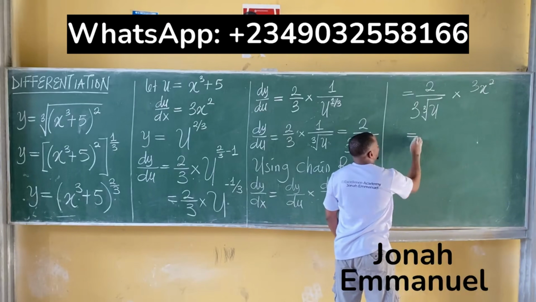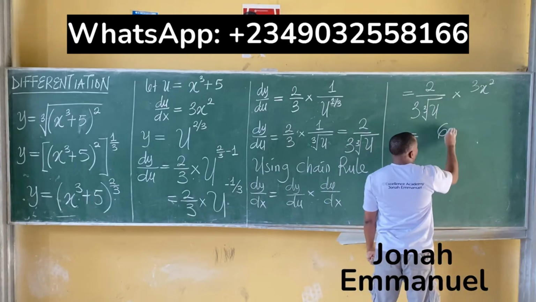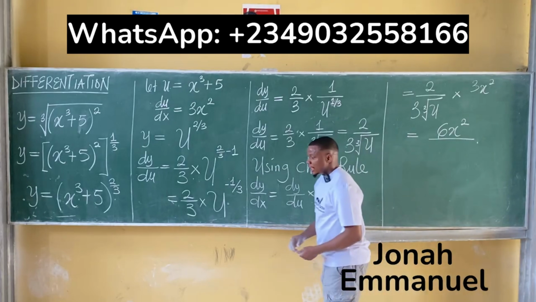All right, multiply this. 2 times 3x squared gives you 6x squared all over.